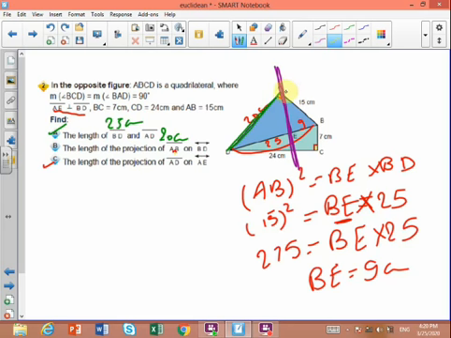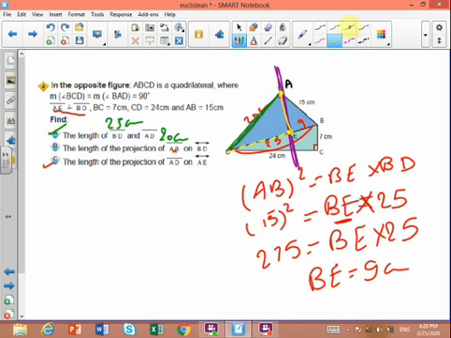The length of the projection of AD. A lies on the line, so it remains as it is. D, go perpendicular to the line, the purple one. So it is E. So he wants the length of AE.